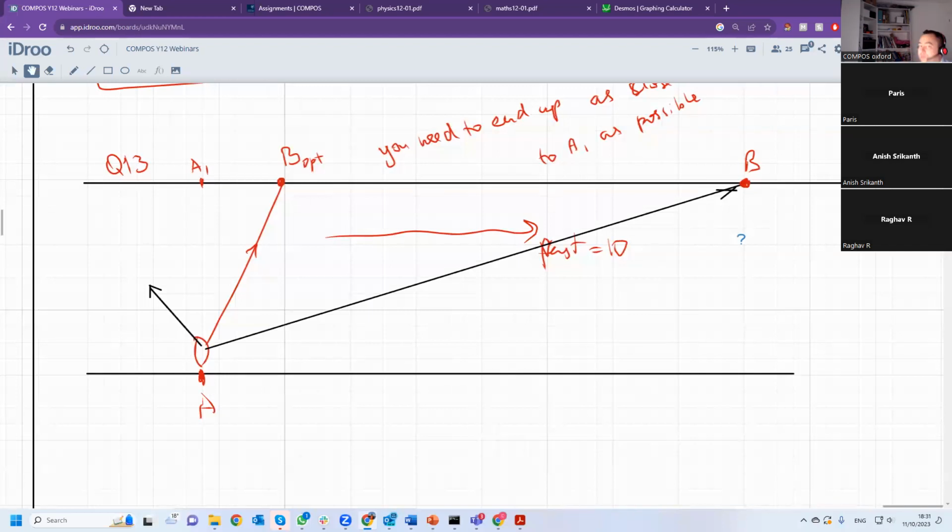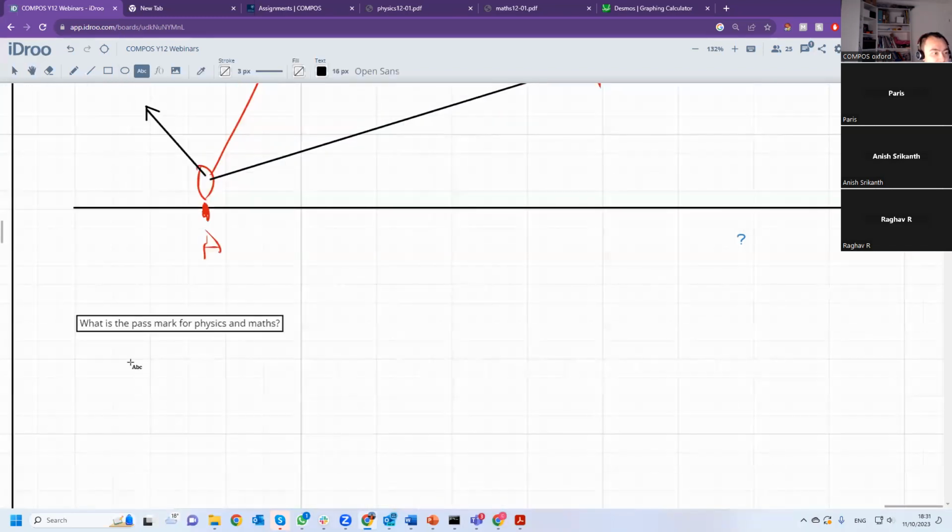We don't know the short answer. Last year it was 50% average and a minimum of 40% for each subject. So we don't know.